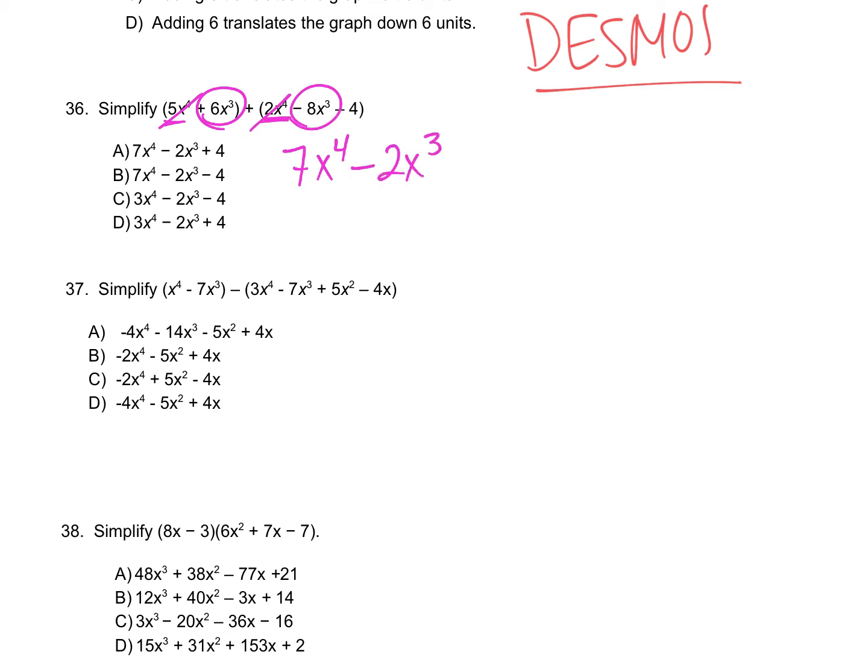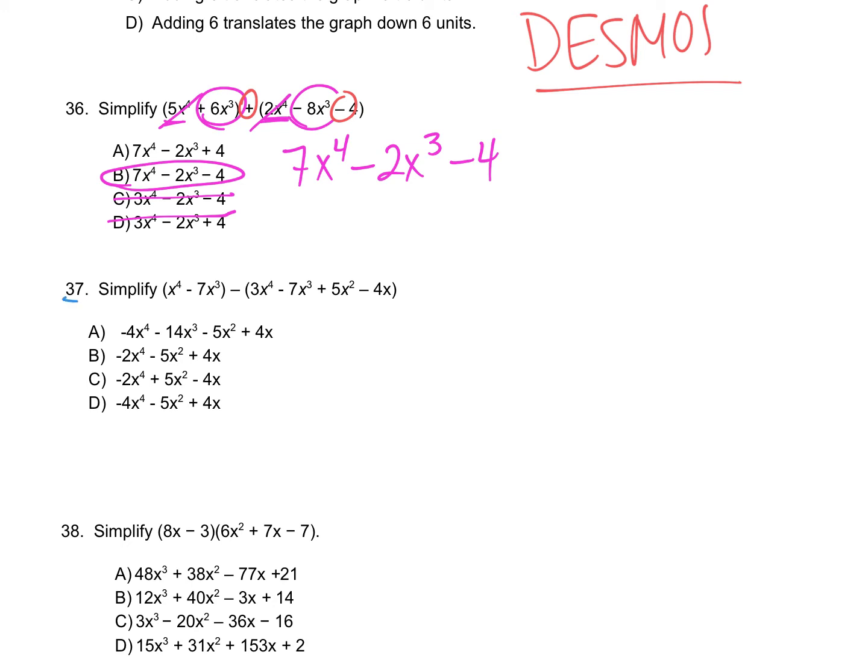So right now I've eliminated this guy and this guy. My last one, is it going to be a negative or a positive on that last number? Because I have a plus a negative 4, so it's plus negative 4, that's going to make it a negative 4. So that's going to be letter choice B.